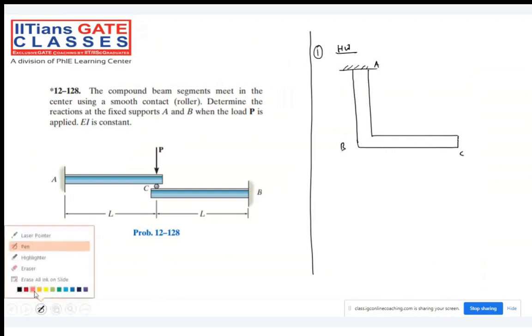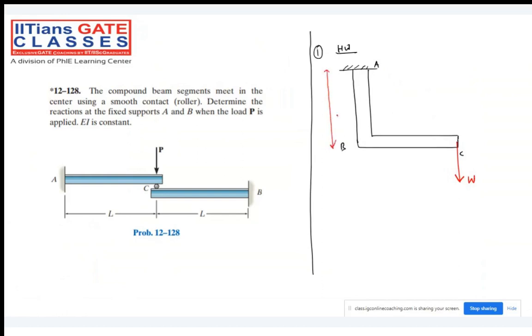The load has been applied at the C point as W. The length I'm considering is L. It is a cantilever beam which is made up of two segments, AB and BC. Again, EI is the flexural rigidity, and it is the same for both AB and BC. Both are parts of the same beam, different segments.